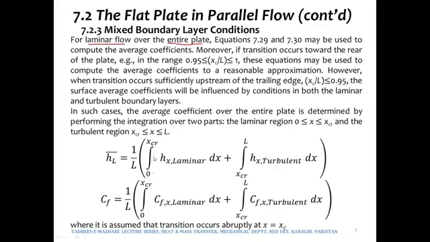So from 0 to x critical we have considered the flow as laminar, and from x critical onwards till the end of the plate, we have considered the flow as turbulent. Kindly take a look at the last sentence, where it is assumed that the transition occurs abruptly at x equal to x c, because we have not considered the transition period over here.